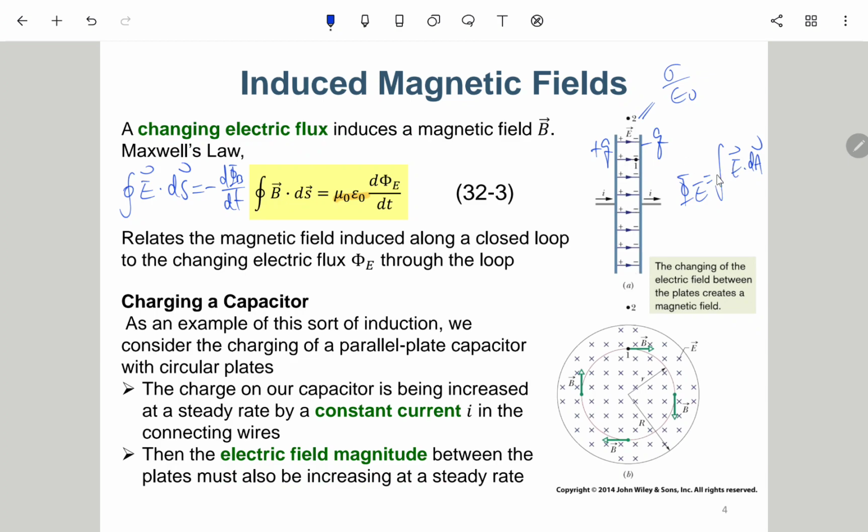It's not a closed surface integral, just a normal surface integral. If E increases at a steady rate and is uniformly distributed, then phi E also increases at a steady rate. So d phi E dt will be a constant.